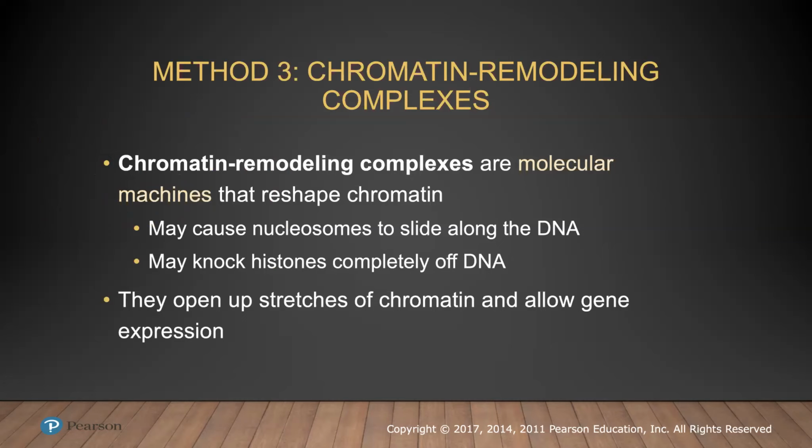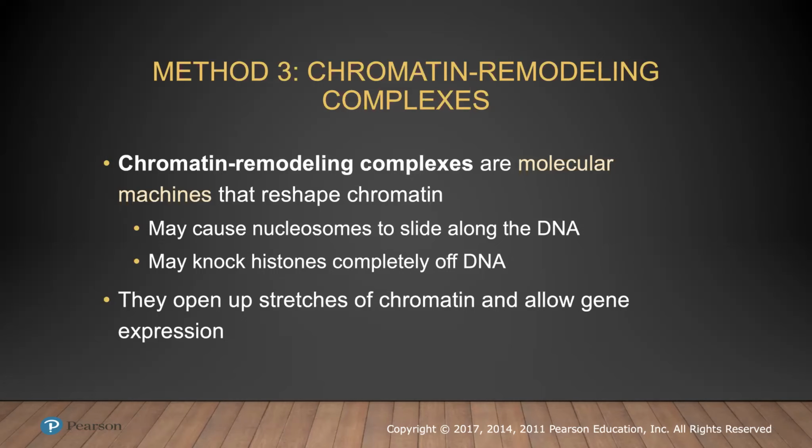Our third method, and this will be our last method that we look at, is called chromatin remodeling complexes. And honestly, this particular method is not very well understood. They know that there are these things they've called molecular machines, which basically means we have multiple proteins and enzymes that are doing something to reshape the chromatin.